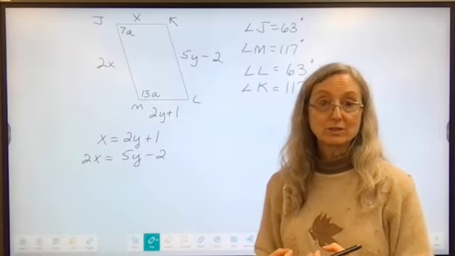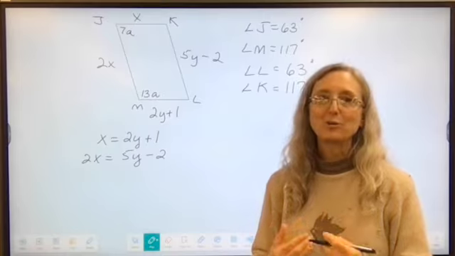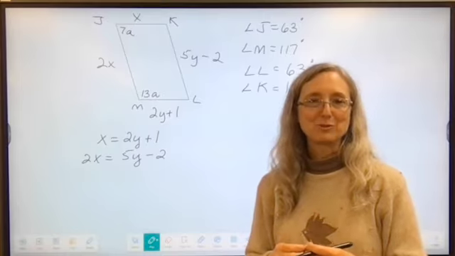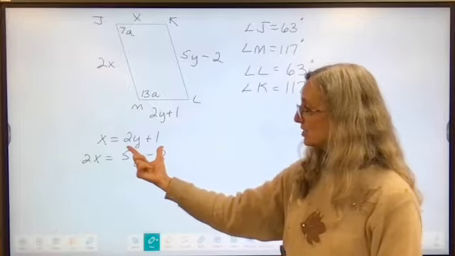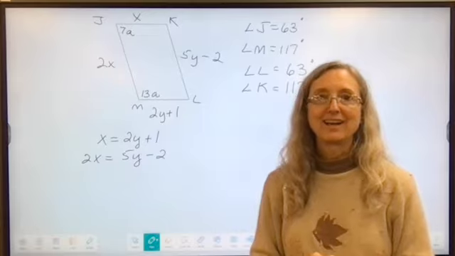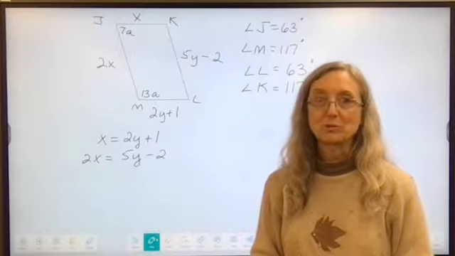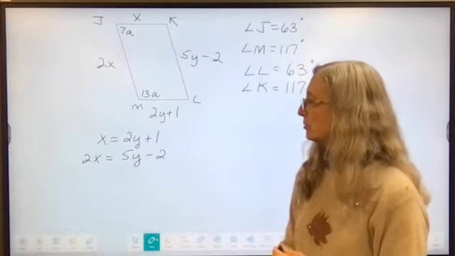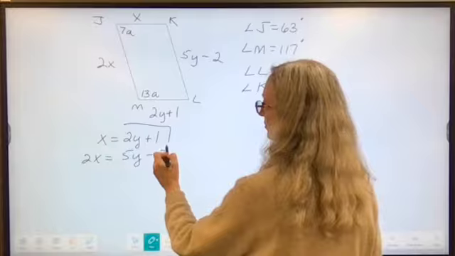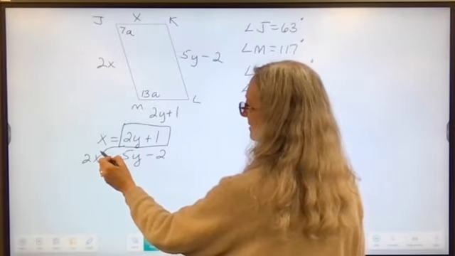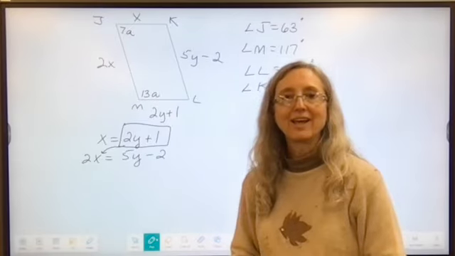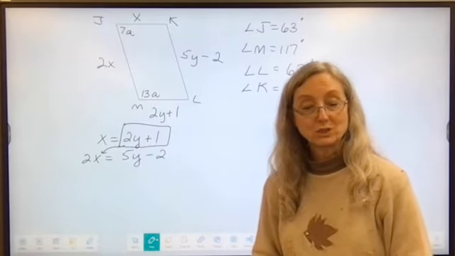So you have to remember, how do I solve when I have two equations? So I need to put them together. Because this one is solved for x, I will use substitution. Do you guys remember this from algebra? I will make my x equal to 2y plus 1. So in place of x in the other equation, I will put 2y plus 1.